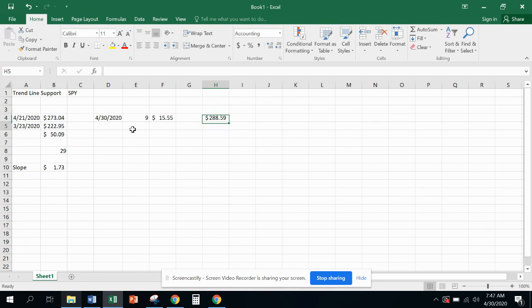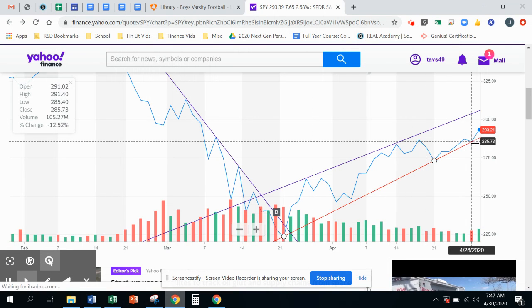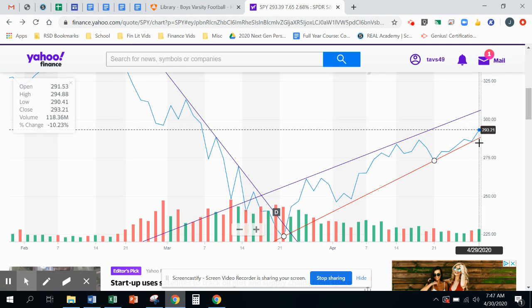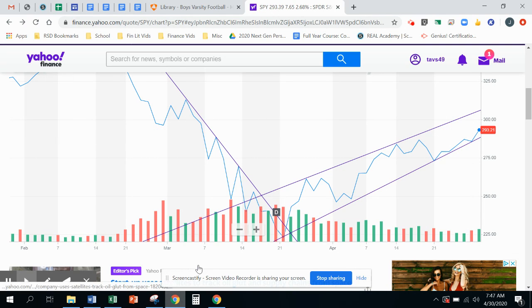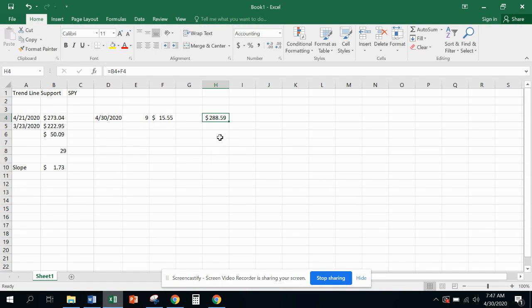That takes us to 288.95. Let's look back at the graph. It looks like we're above it right now. We're at 293.21. Looks like we're holding 293.21. That is what we're currently holding at.